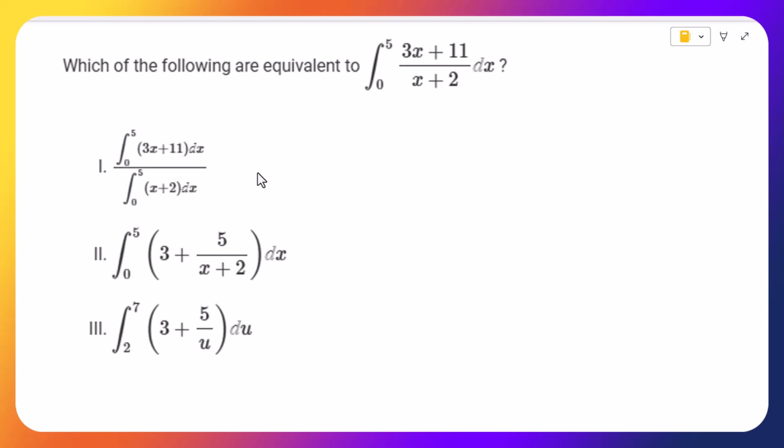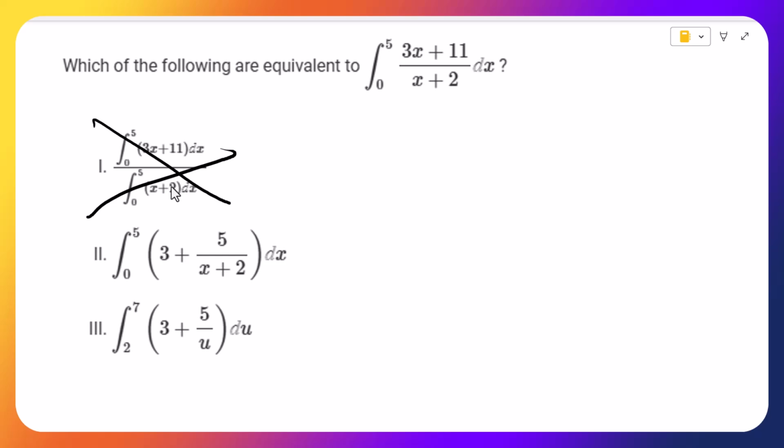No, I've never said anything like that, because that is simply not true. We cannot just take the integral of the numerator and the integral of the denominator. That is not a rule, so I already know that this one is wrong. The other two we're going to have to do a little bit of work for.